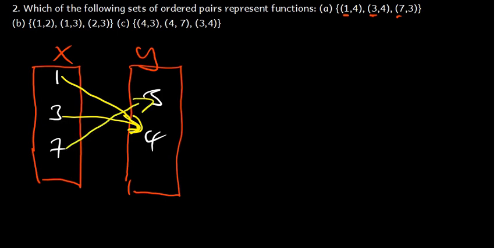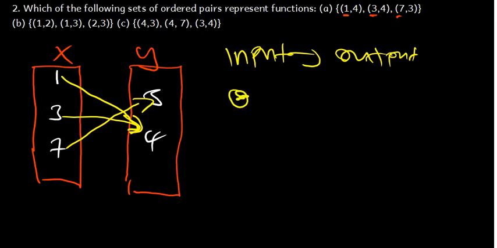So is this a function? Yes, it is a function, because all the input values have got the output values. For every input value, we need to have only one output value.